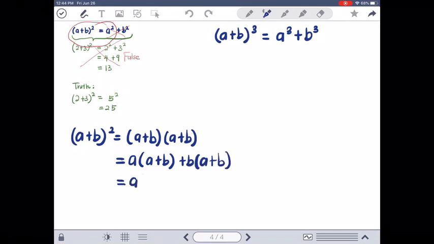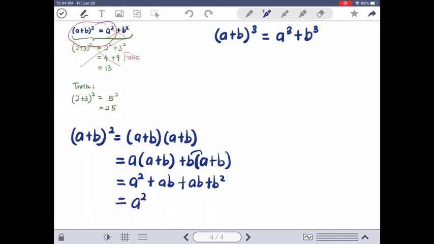You will get A squared plus AB plus B squared. Plus this is AB plus with B squared, which is just equals to A squared plus 2AB plus with B squared.